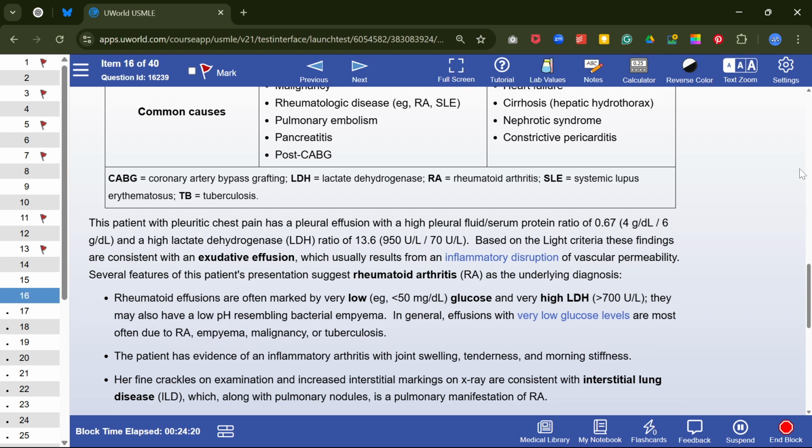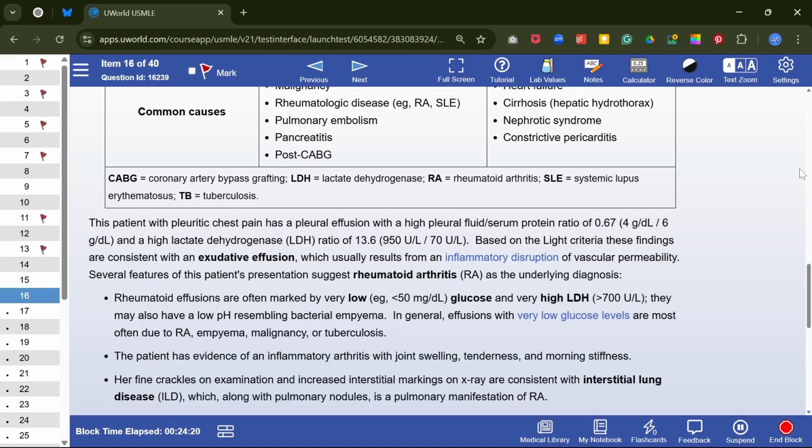Based on Light's criteria, these findings are consistent with exudative effusion, which usually results from an inflammatory disruption of vascular permeability. Several features of the patient's presentation suggest rheumatoid arthritis as the underlying diagnosis.